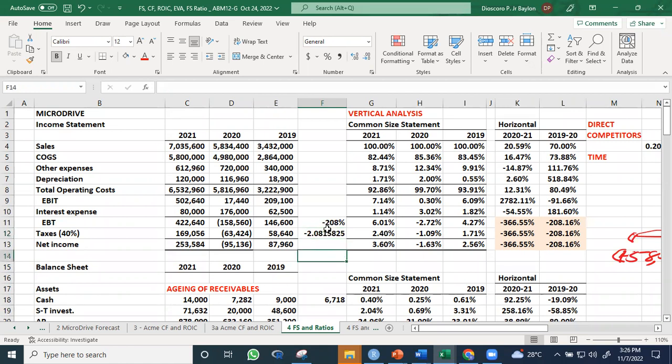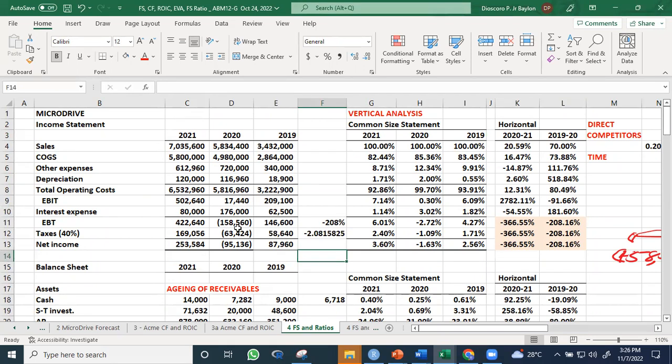Hindi. Tama to, no? Yeah. This is correct. 208%. From 146, naging negative 158, no? So ibig sabihin, how much was the loss? Ilan yung naging loss? Ilan yung difference?